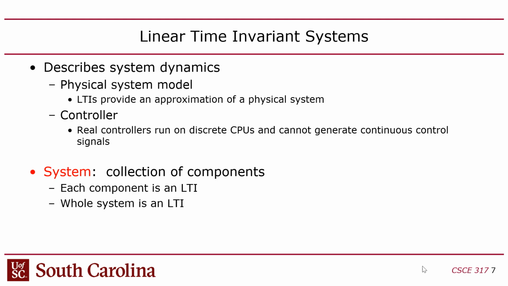You still see curved lines, but the ordinary differential equation is linear. Okay, so that's called a linear time invariant system, or an LTI. And they're used to approximate physical plants, because, like I said, nothing in real life is strictly linear.